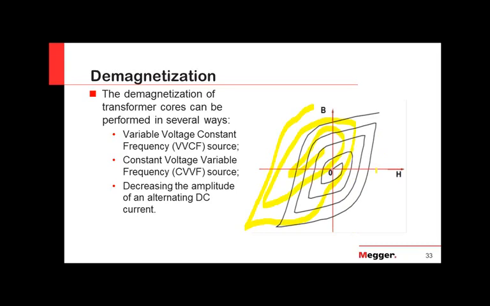The bigger the area inside our hysteresis loop, the higher the hysteresis losses in the core, so we're trying to minimize that. By varying the magnitude of voltage, applying AC and decreasing it down to a value very close to 0 volts, you will see that this effect is accomplished, as shown in this graphic.